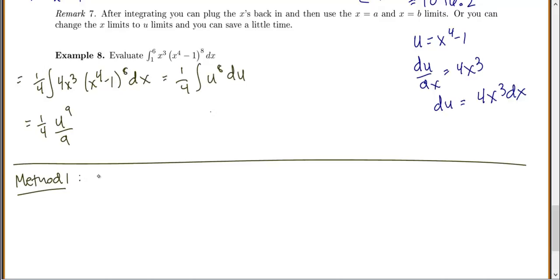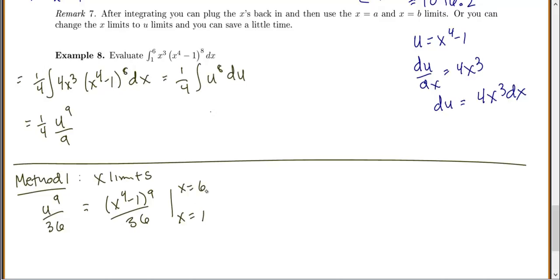So method one is x limits. So if we want our x limits, our 1/4 u to the 9th over 9, or let's change that to u to the 9th over 36, would actually be equal to x to the 4th minus 1 to the power of 9 over 36. So we'll evaluate it from x equals 1 to x equals 6 because those were our original x limits.